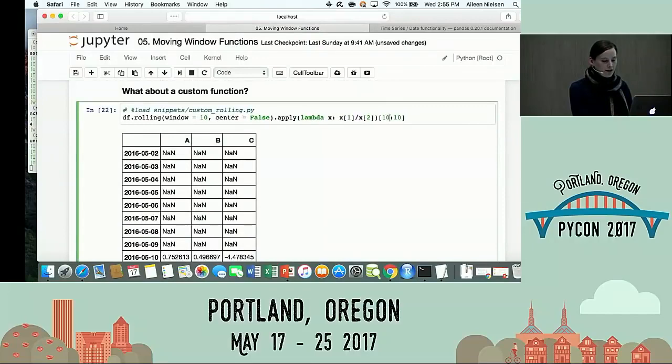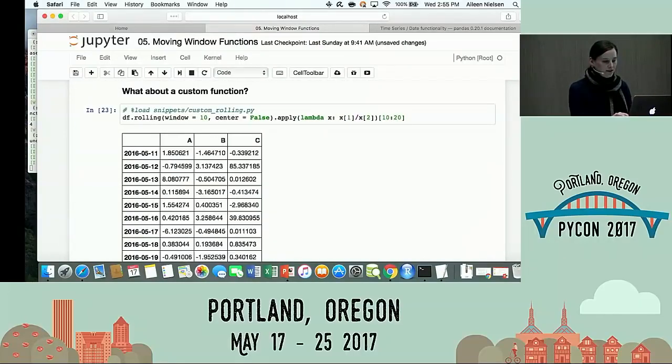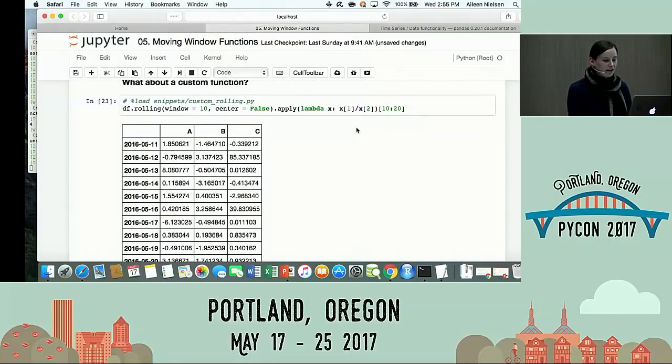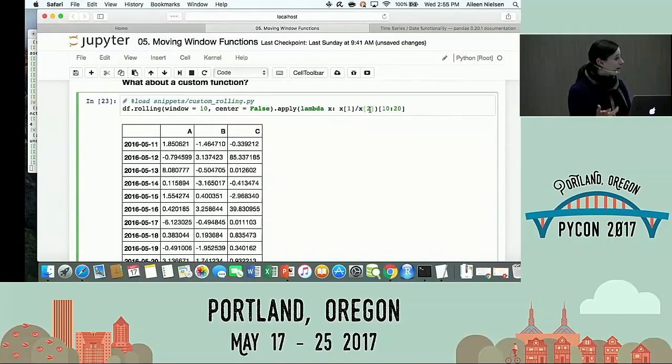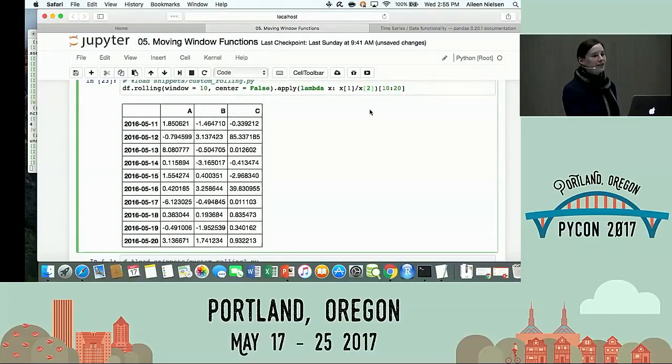So let's go ahead and look at the next set, and I've just got numbers that describe the second value in that window divided by the third value in that window. I don't know why you'd want to do that, but if you wanted to, one dysfunctional way to do it is your rolling function. I would hope you wouldn't do this though, because then you don't really need a rolling window to do this.